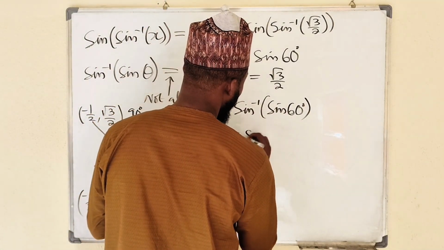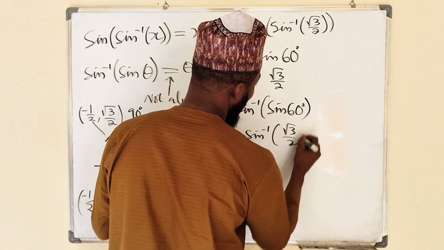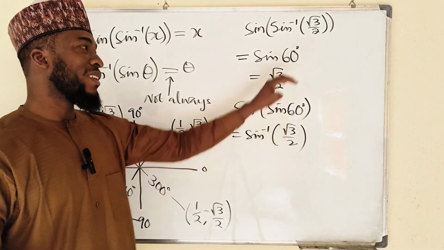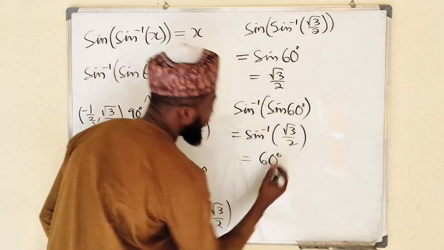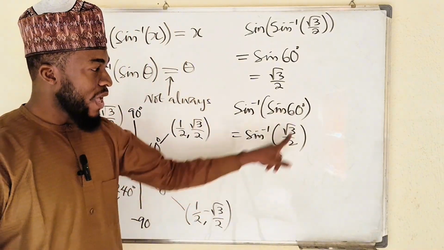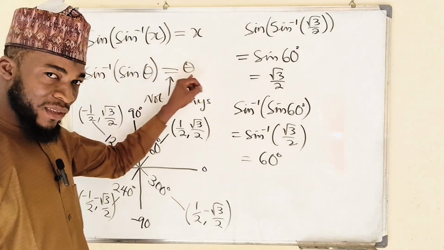So this is equal to sine inverse of root 3 divided by 2. So what is sine inverse of root 3 divided by 2? We have said it is equal to 60 degrees. So you can see that in this situation, this and this are exactly the same, which means that sine inverse of sine theta is theta.